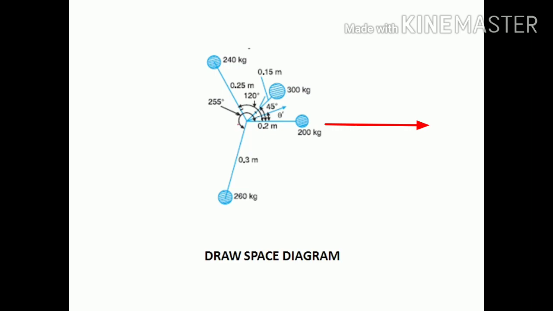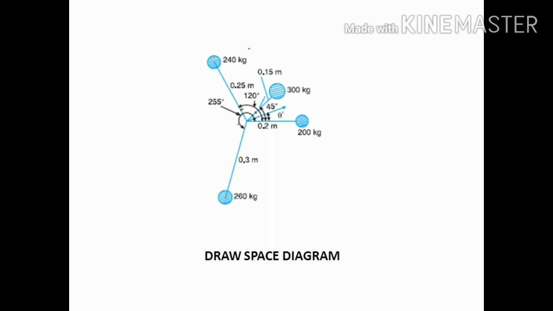By using the given data you can draw the space diagram. First you have to take the radius 0.2 meters and select an appropriate scale for that. So you can consider 0.2 meter equal to 2 centimeters. So draw a 2 centimeter line at 0 degrees with mass of 200 kgs.